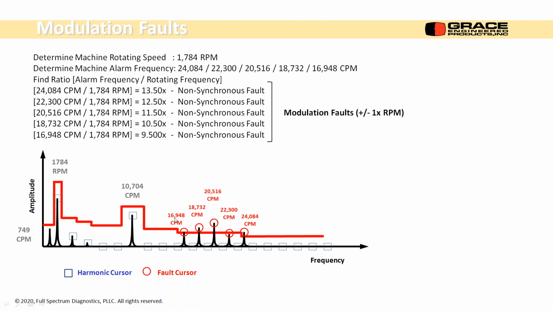And I subtract turning speed from it again, I get 16.9. So this is how modulation works. There's a center frequency that might be some known frequency, and then sidebands on either side, plus or minus the exact spacing. We'll get more into that as we go, but that's one of the fault categories, the last one.